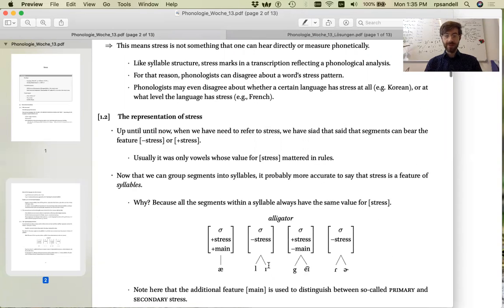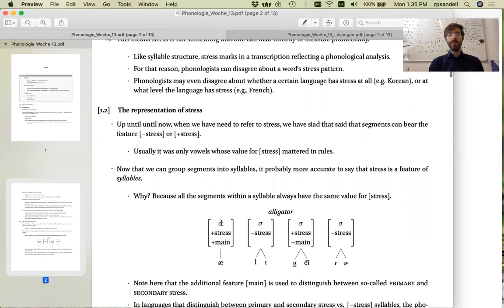So let's see, in this example of the English word alligator, we see stress as being a property of the syllables. So the segments, the vowels and the consonants, are grouped into syllables, and the syllables bear some features for stress.